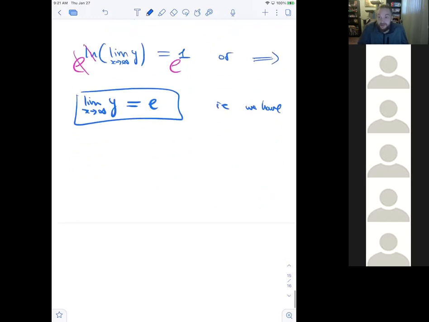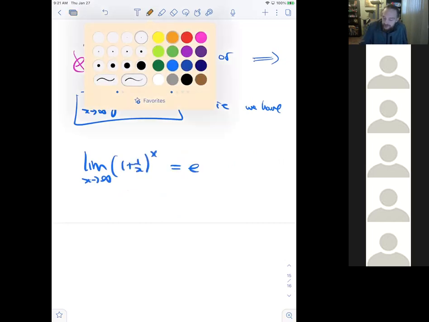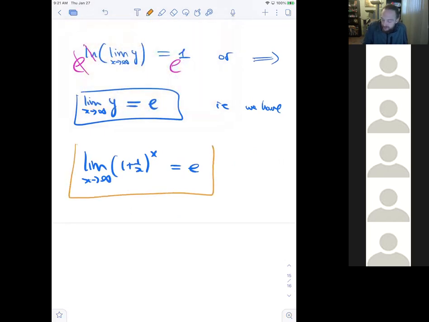I.e. we have, this is probably a pretty good place to end, the limit as x approaches infinity of 1 plus 1 over x to the power x is e. This is our definition of e. Now we just proved it using L'Hospital's rule. E is this limit. So this is one way to get at this limit now, is using L'Hospital's rule.